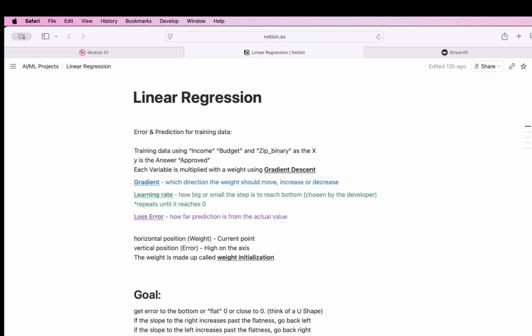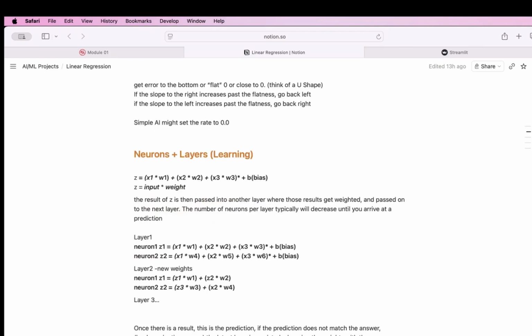The way that it does that is it adds weights or lowers weights to the data in order to figure out where exactly is the bottom line, where 0 is going to equal pretty much the answer. So that's going to be on the y and x axis type of scale. And it does those calculations through and through.